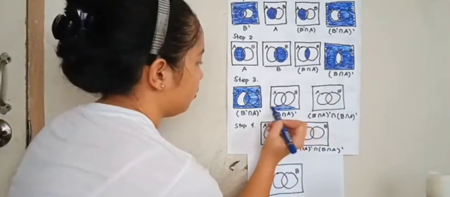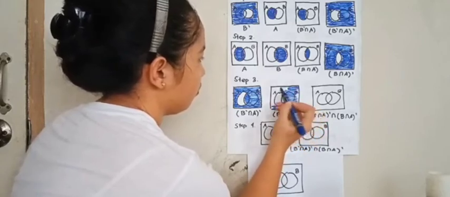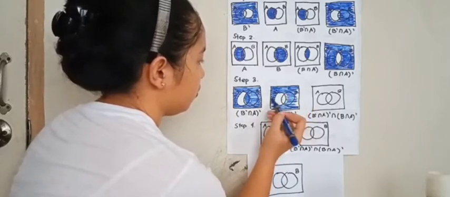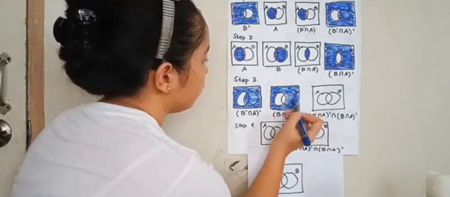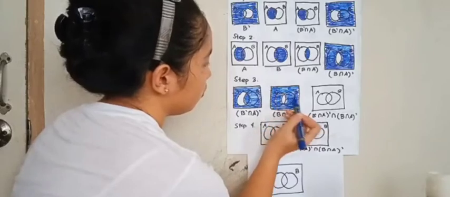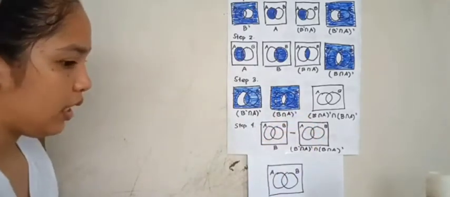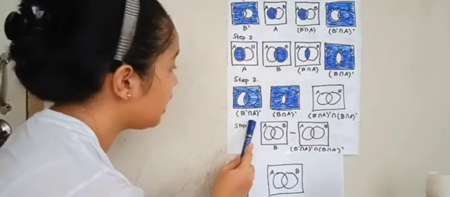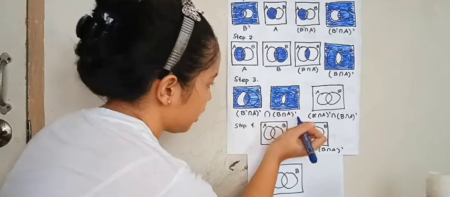So shade. It says that B complement intersect with A, close parenthesis, complement, intersect with this.